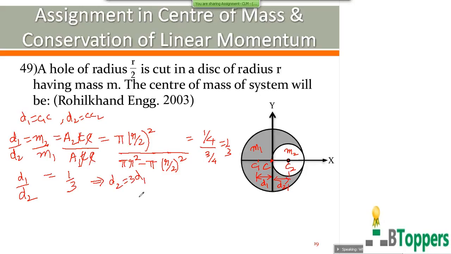From the figure you can observe, d1 you can write as d2 by 3. d2 is equal to the radius of the circular hole, which is r by 2, so d1 is r by 2 by 3, that is r by 6. So the distance of the center of mass of the remaining plate from the center of the original plate is r by 6. If you want to copy this alternate method also, you can take a pause and copy it.